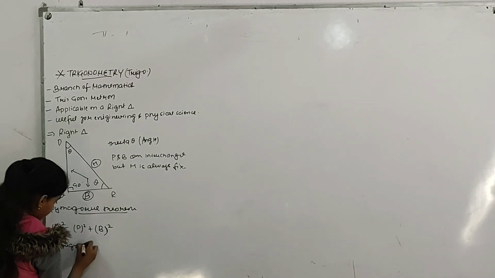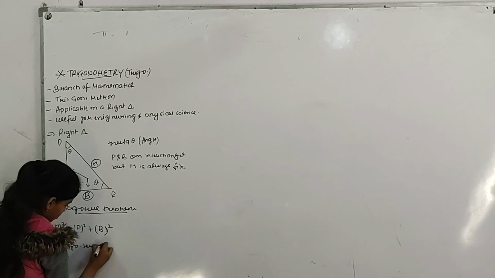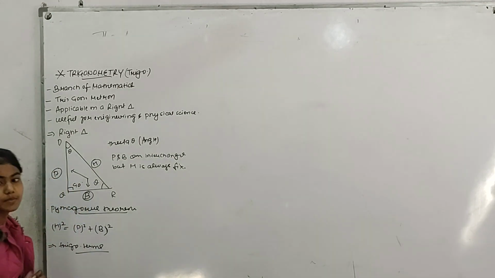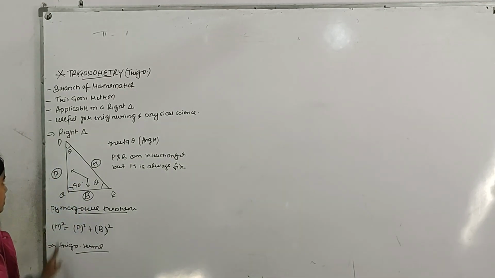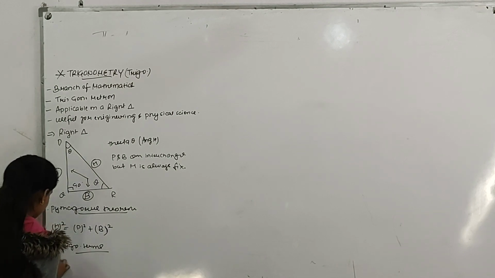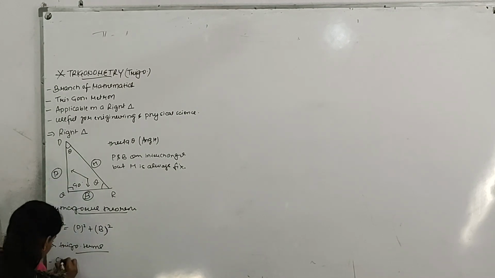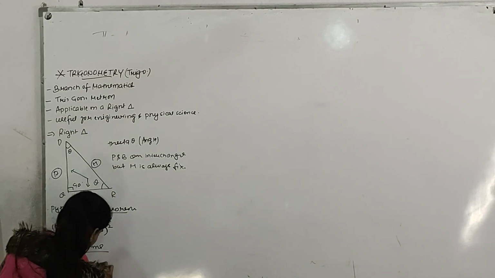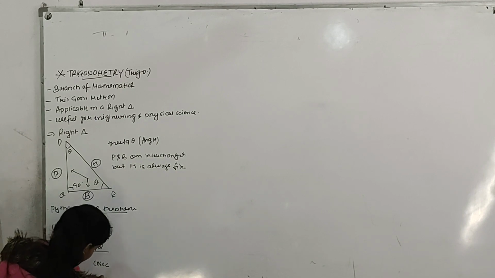Now moving ahead to our next topic, which is some trigonometric terms. Trigonometric terms are those by which we can study more about trigonometry, which include sine, cos, tan, cosec, sec and cot.